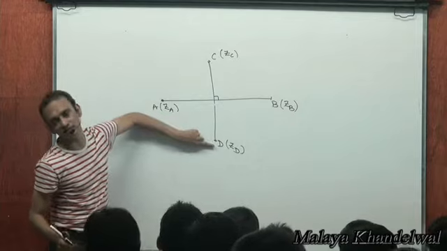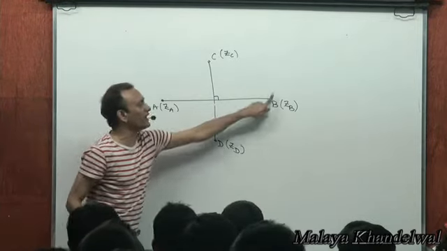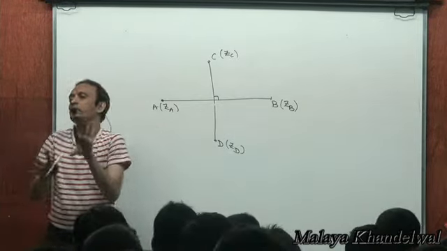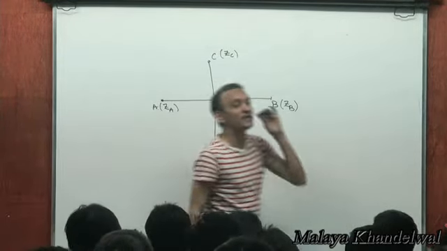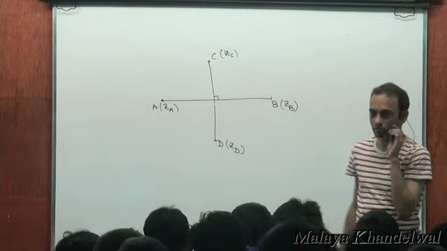D could have been here and C could have been here, or A could have been there and B could have been there. All that I know is that AB is perpendicular to CD. And the position vectors of A, B, C, D are ZA, ZB, ZC, ZD. Right?